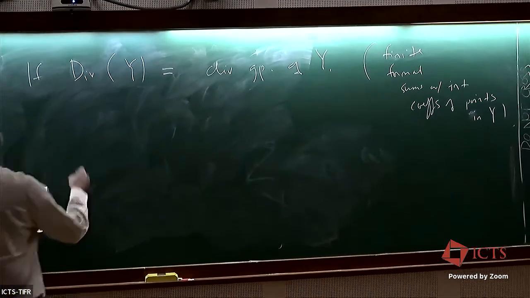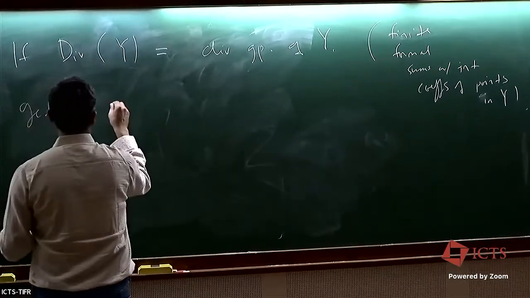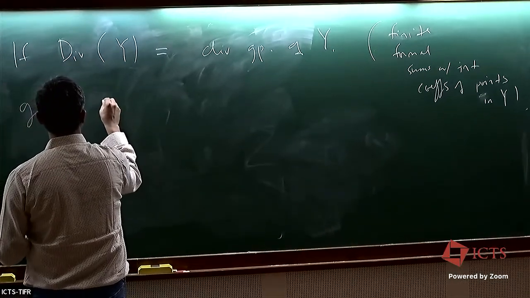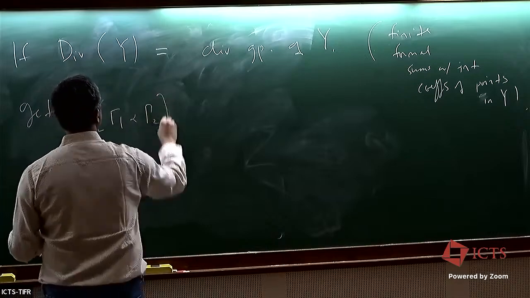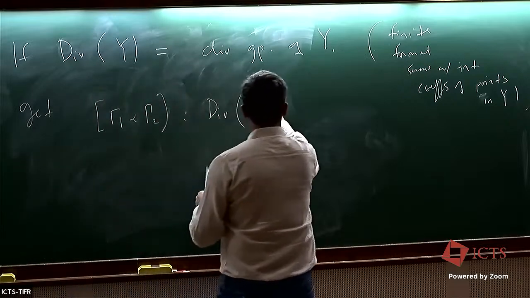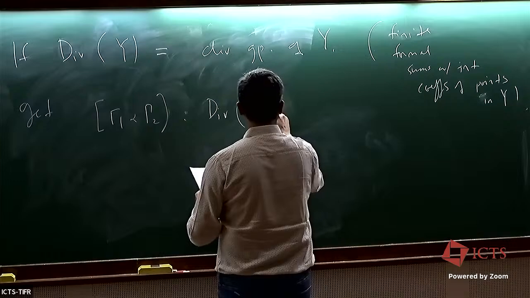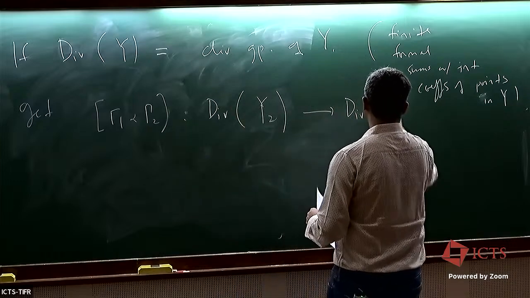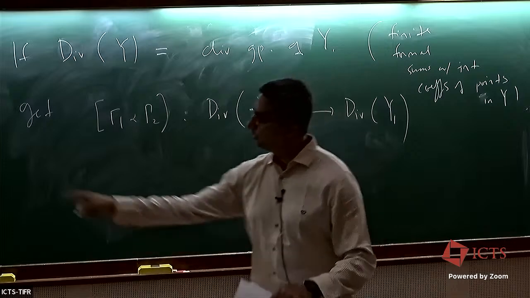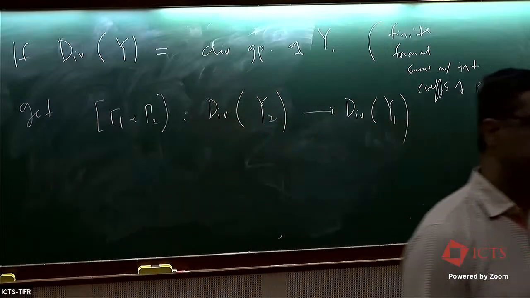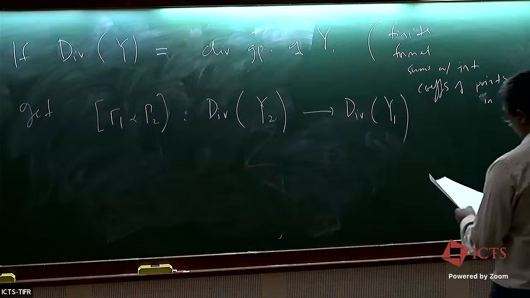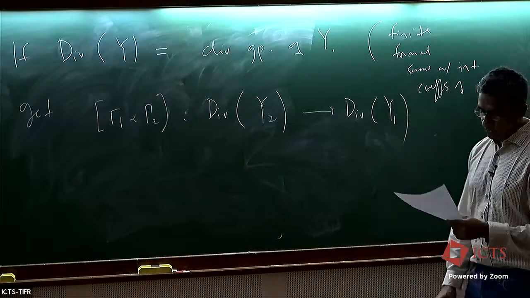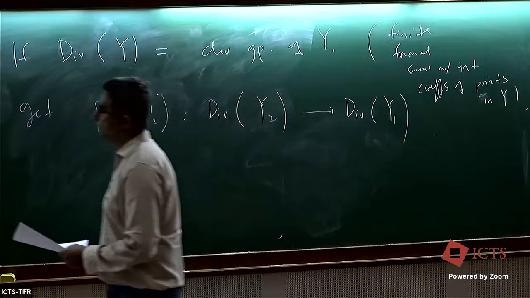You get a map on the divisors from y2 to y1. You know what happens to one point, so you know what happens to two points, and so on. Add normally, with the plus signs everywhere. Okay, so now we have an action on divisors.